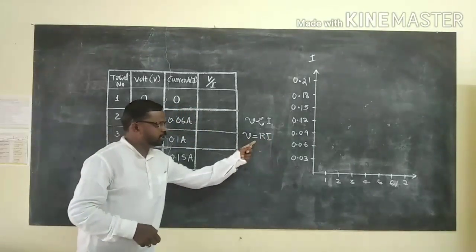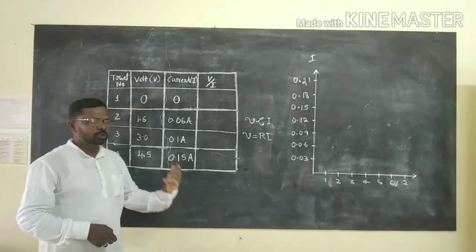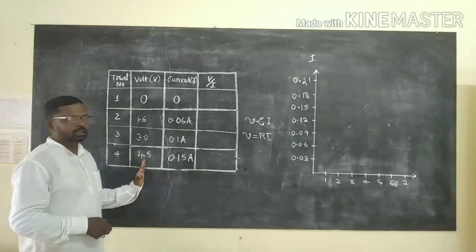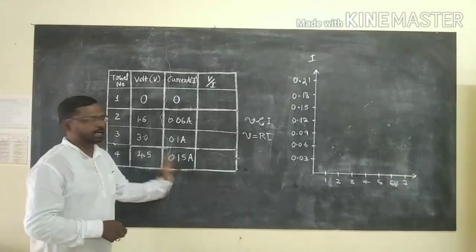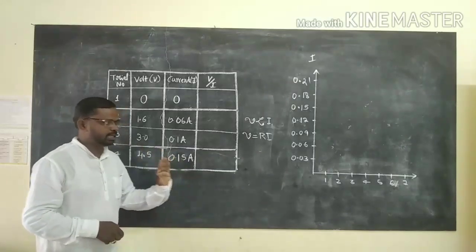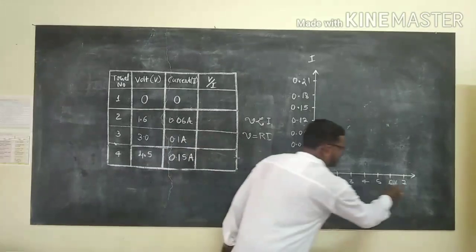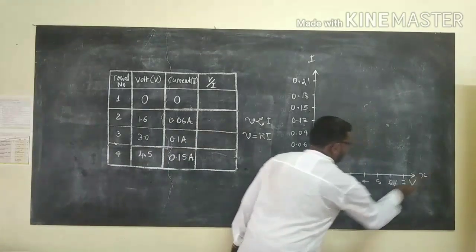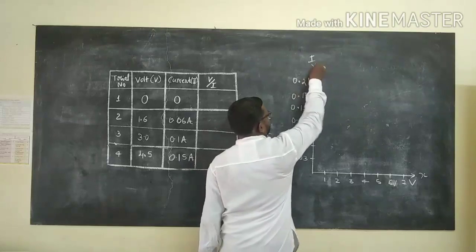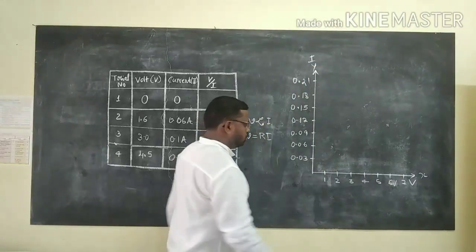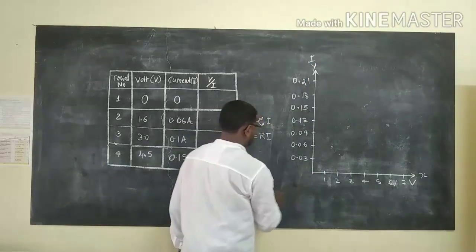Now to understand the constant, we should plot voltage versus current in a graph. Volt is taken on the x-axis and current on the y-axis. Now I will plot the graph.